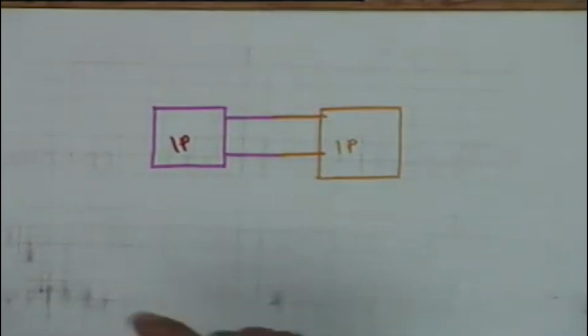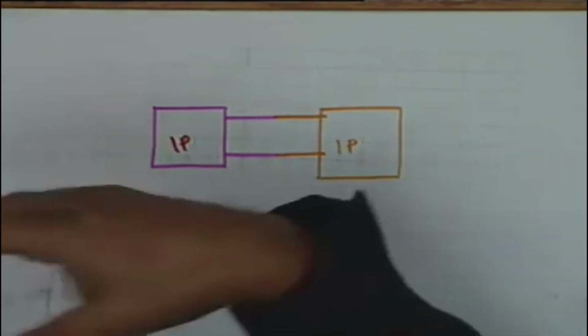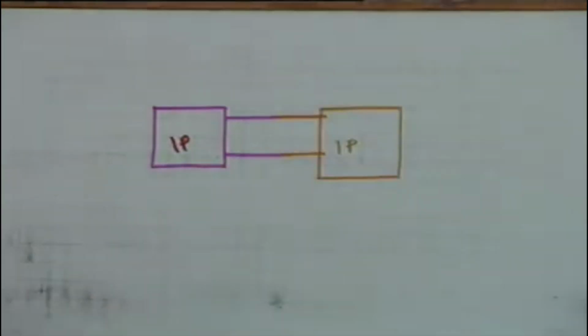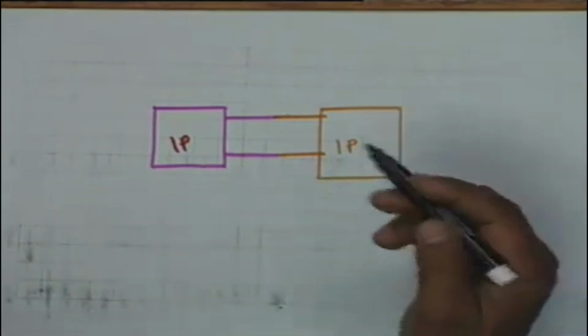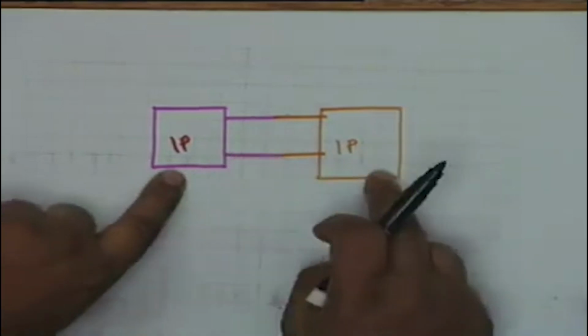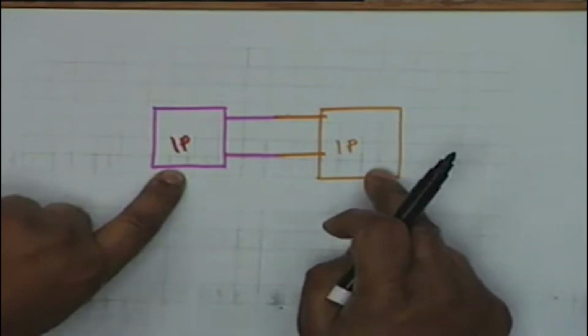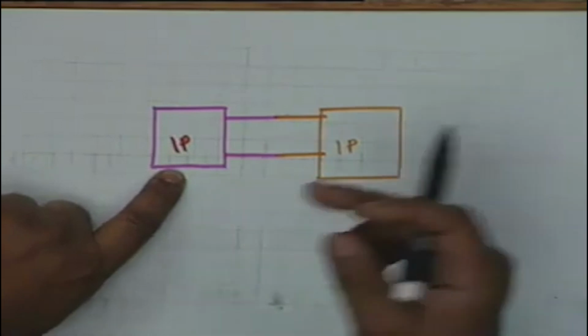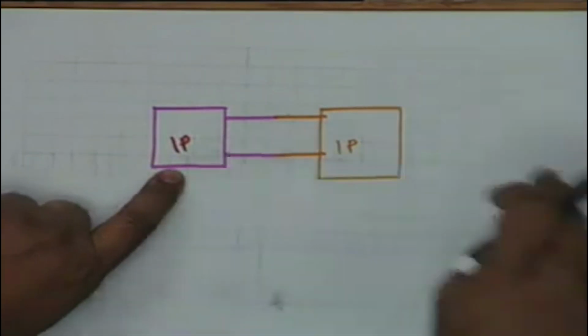Now it may turn out that each of these one ports may contain a source. All right, one or more sources, and under that condition one can say that this one port is driving the other one port. You can consider like that. Or you can say there is nothing sacred about the left one driving the right.